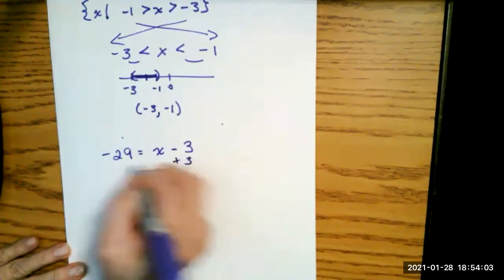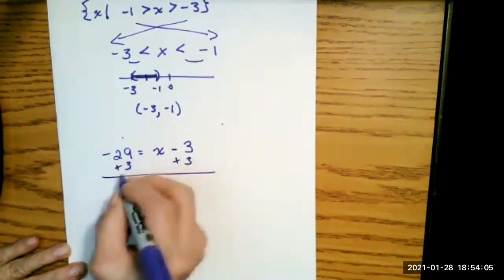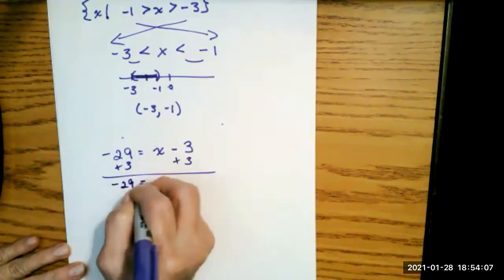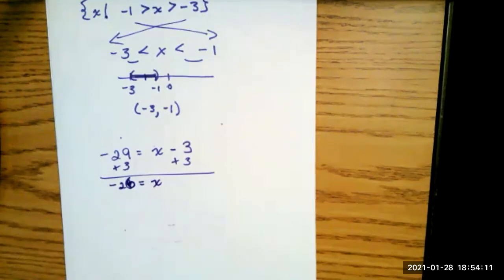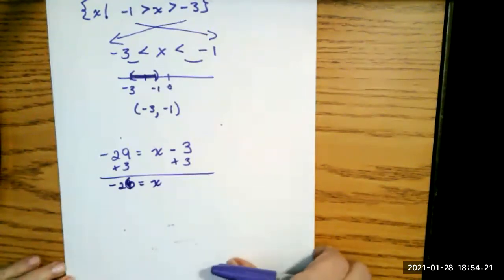But you want to add the 3 to both sides. So on this one, you would have gotten a -26, almost subtracted incorrectly there, equals x. But that's how you get rid of the number that's with the letter if the letter happens to be on the right side.